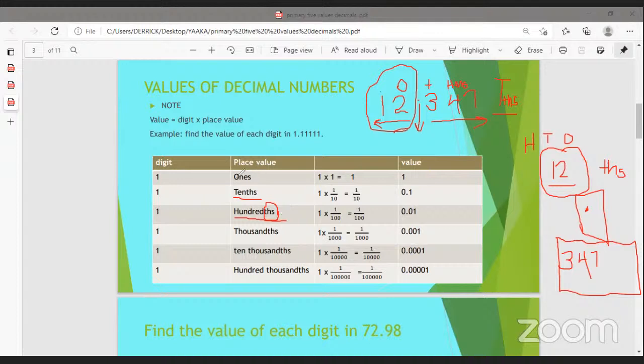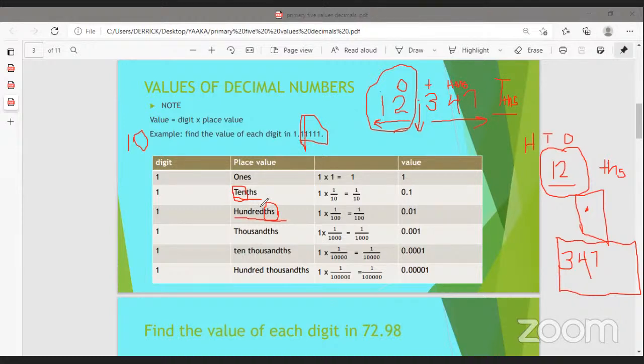Because when you have 10, do you know how trite that is? 10. But when it is accompanied with THS, that is after the decimal point, these numbers here, if you don't call them the decimal numbers, they can be called the decimal fractions. So after the decimal point, the value of these numbers here will be in a decimal number, or it will be in form of a fraction.